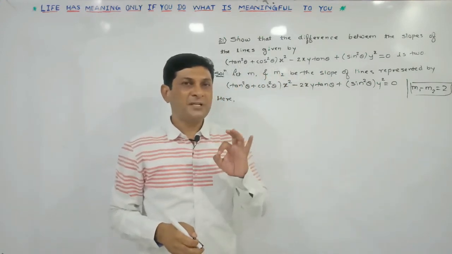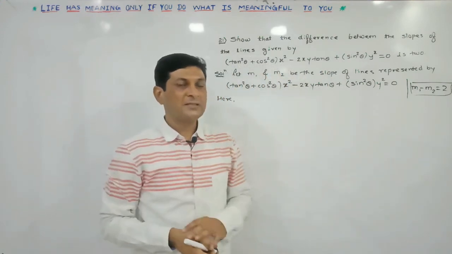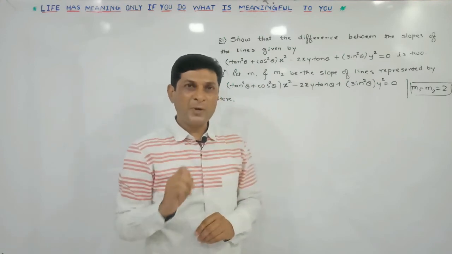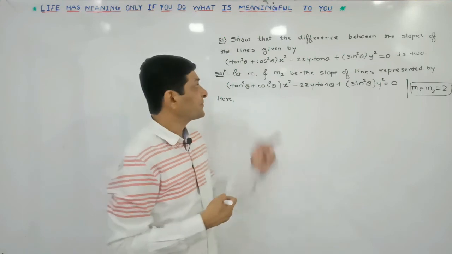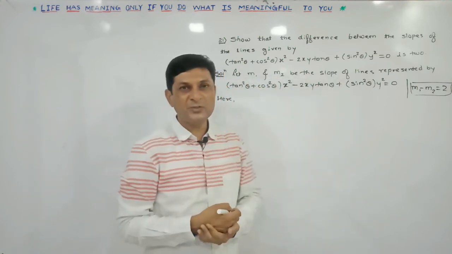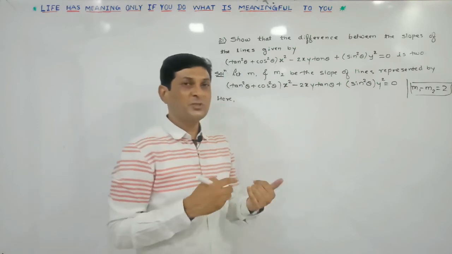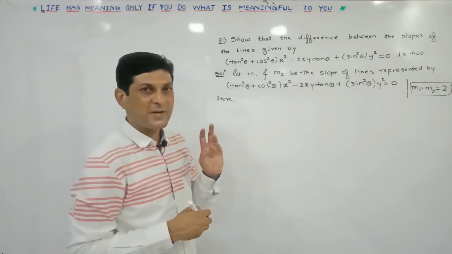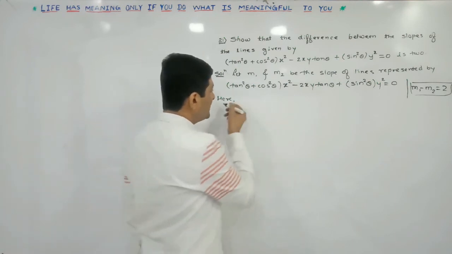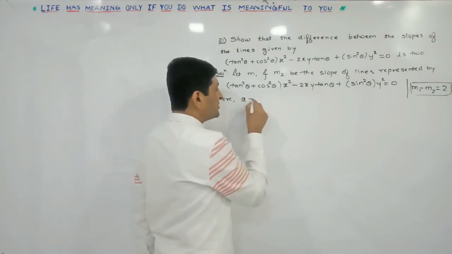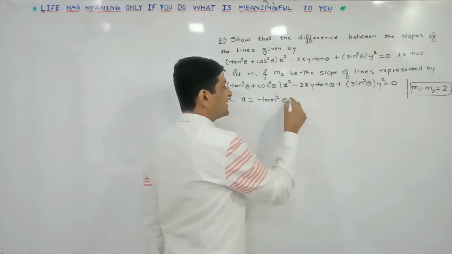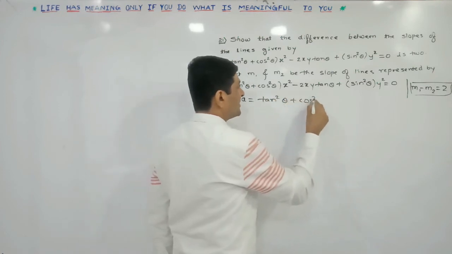Since the example is related to slope, let us denote the slope of the first line by m1 and the slope of the second line by m2. So let m1 and m2 be the slopes of the lines represented by this homogeneous equation. From this homogeneous equation, let us find the values of a, 2h and b. Here a means the coefficient of x square, which is tan square theta plus cos square theta.